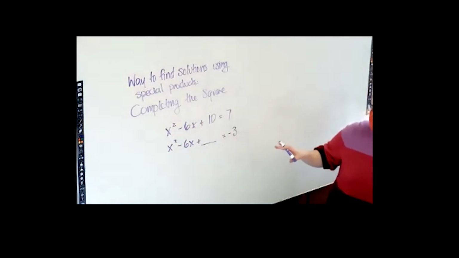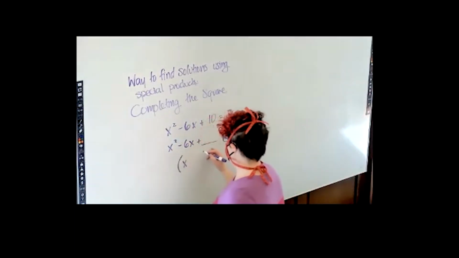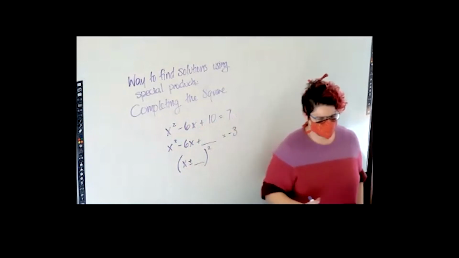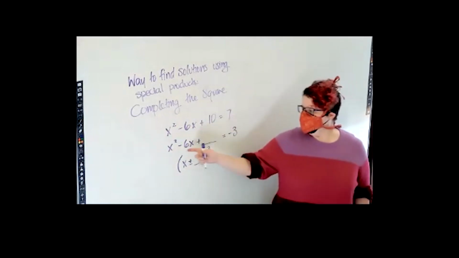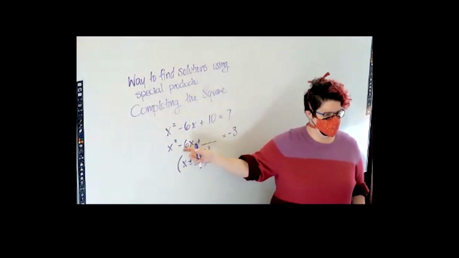If I wanted this to be in the form (x plus or minus something) squared, remember this term is twice that a term, right?